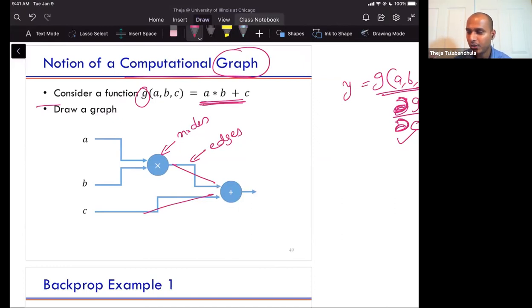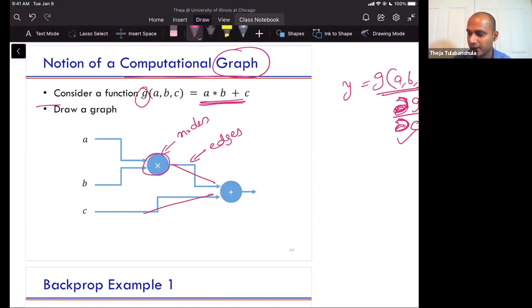So numbers are the input, and eventually a number is the output. Typically, the operations are additions, multiplications, divisions, or some simple exponentiation or application of a sine function or some simple transformation like that. So these nodes correspond to those transformations or simple functions.